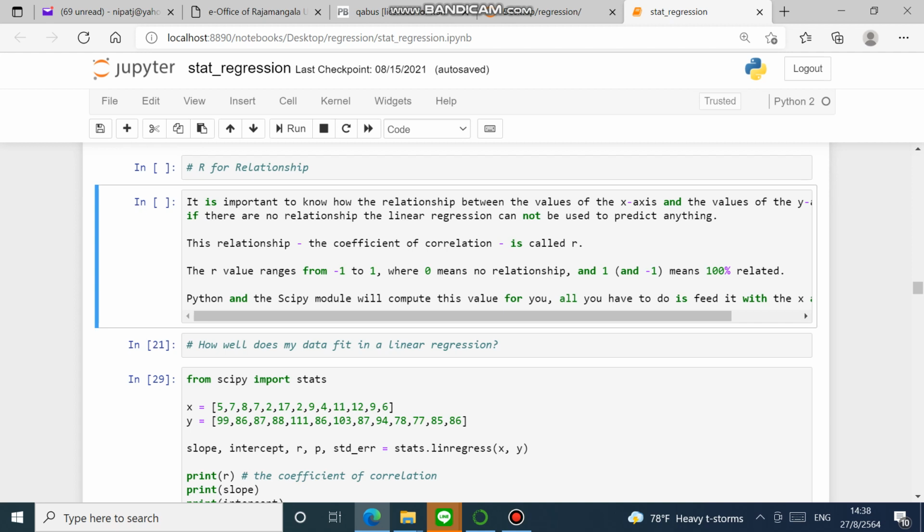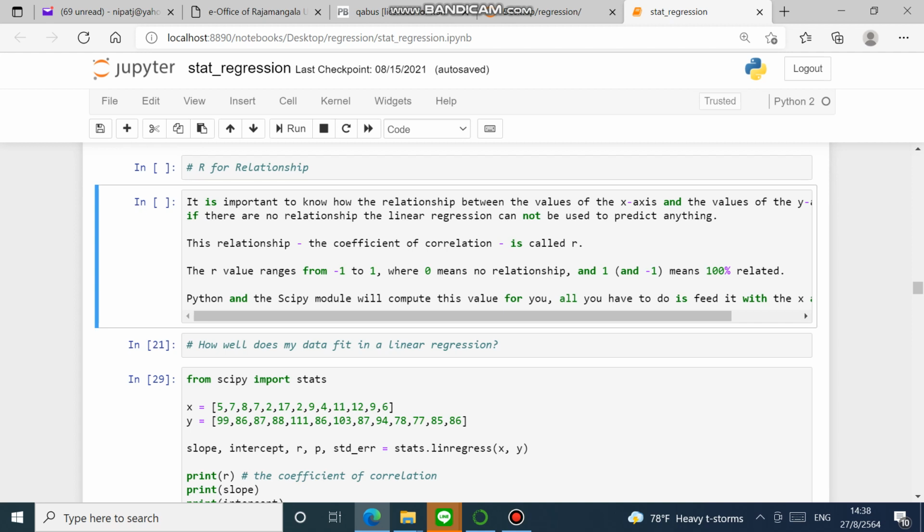The coefficient of correlation we call R. The R value ranges from -1 to 1, where 0 means no relationship. If R is equal to 1, it is a very strong positive relationship. If R is equal to -1, it is a very strong negative relationship.